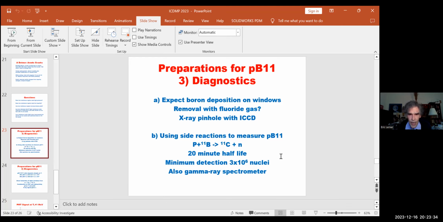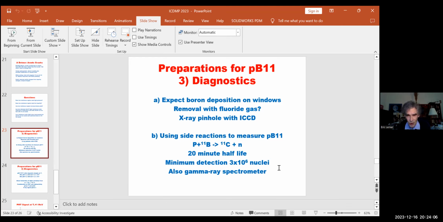So one question is, can we remove the boron with fluoride gas? The Chinese have done some research on that, and we might be able to do that. But the other thing we're preparing to do is to try and use an X-ray pinhole as the imaging device with an ICCD.